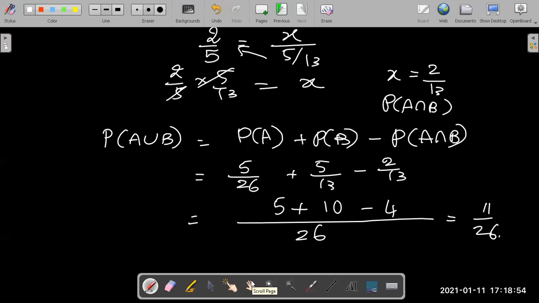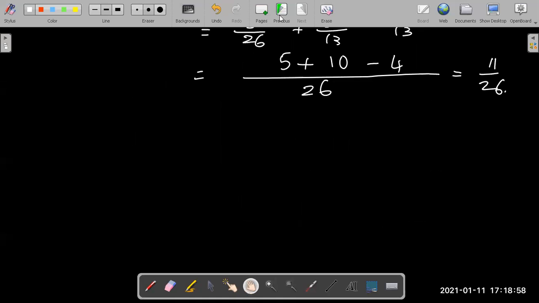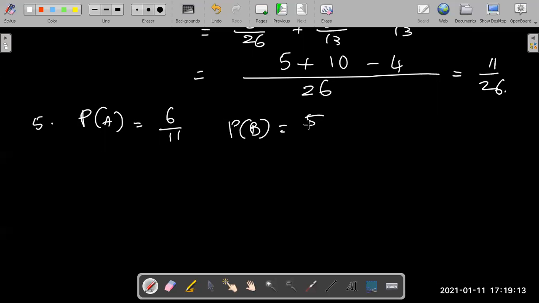So the fifth question. If you want, you can do it in a notebook. I will write down the question. Fifth question. P of A is 6 by 11. Probability of B is 5 by 11. P of A union B equals 7 by 11.